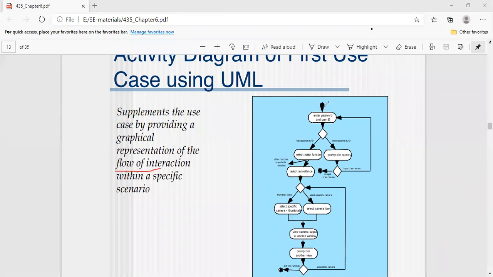See, it starts with a starting stage: enter the user ID and password if you want to watch the cameras, or access any camera information. First you should enter the user ID and password. After that, select the major function of the particular cameras.